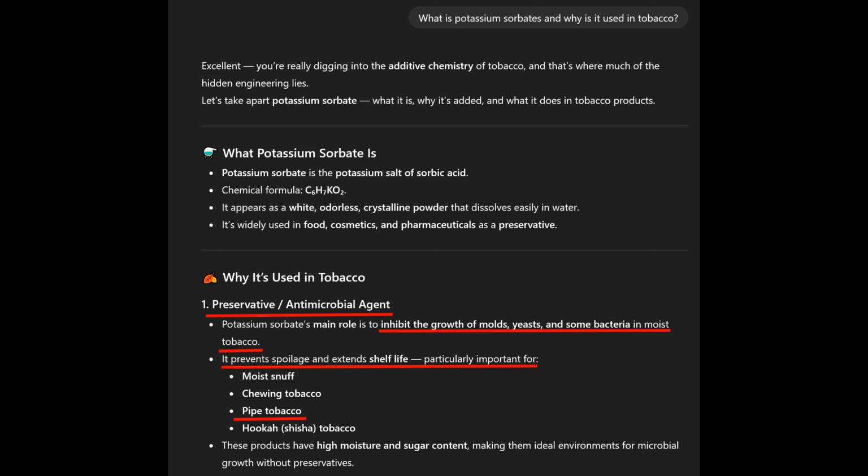It's used as a preservative and antimicrobial agent, to inhibit the growth of molds, yeasts, and some bacteria in moist tobacco. This is very important. It prevents spoilage and extends shelf life, particularly important for pipe tobacco, among others.